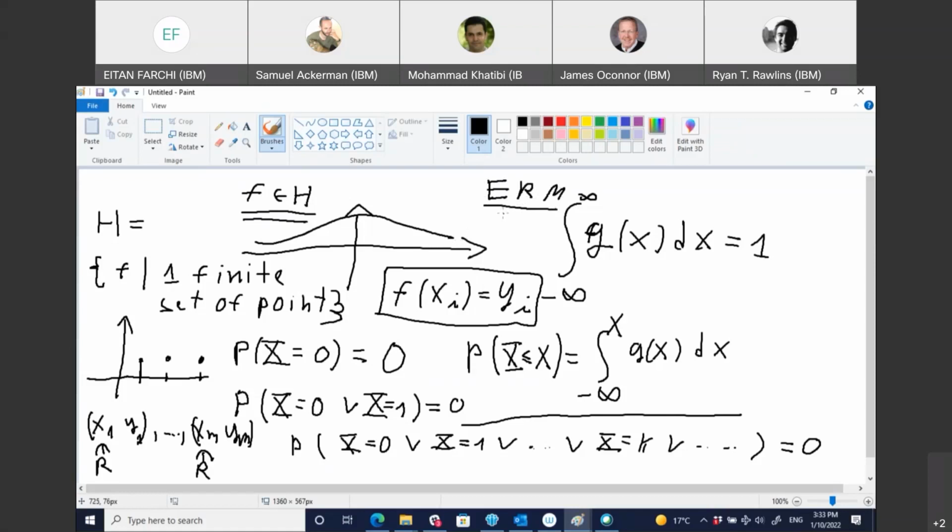So I thought it was interesting to show you how sensitive ERM is to the assumptions of what can be chosen in terms of the probability distribution.